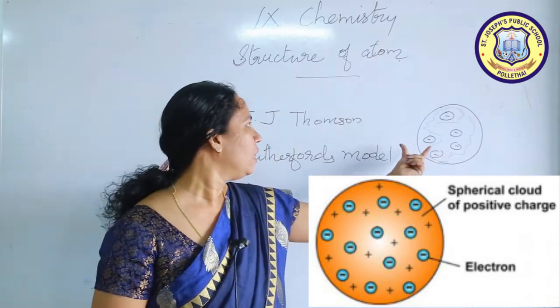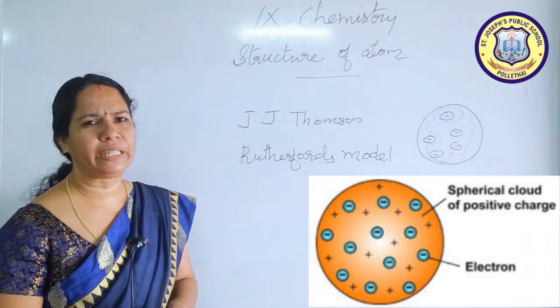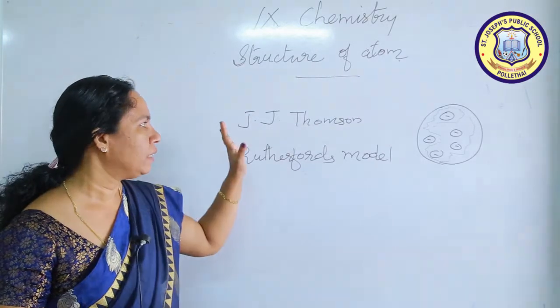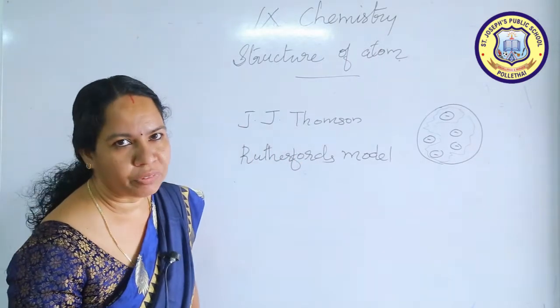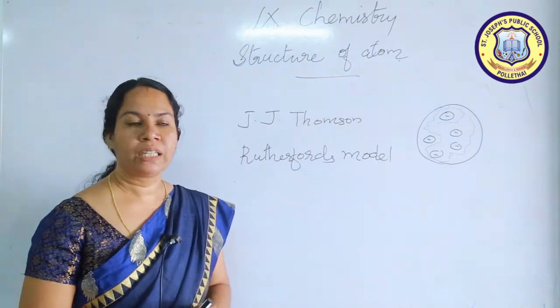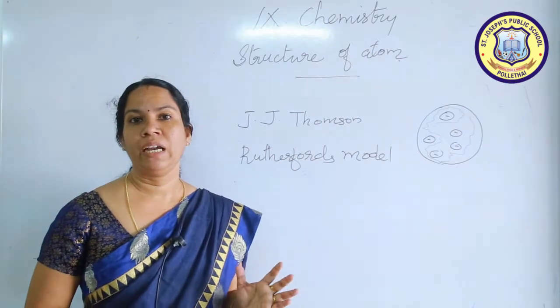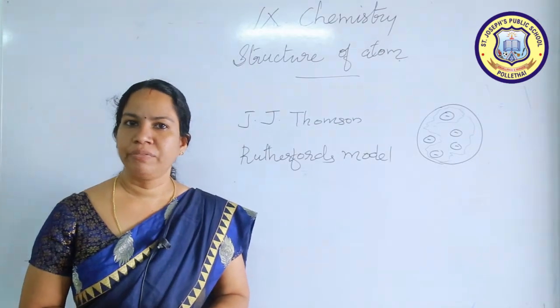That is the model proposed by J.J. Thompson. For a certain period, it was believed that this atomic model was correct. But afterwards, this model could not explain further questions arising from the scientific world.